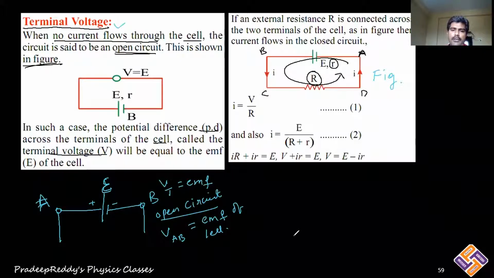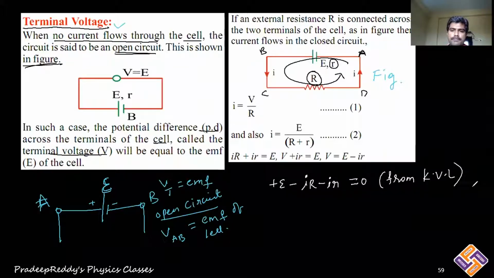Starting from A, you are going from the negative to the positive terminal of the battery, so that is plus E. Then you go in the same direction as the current along this resistor, in which there is some current I. So I write minus I capital R minus I small r is equal to 0. This is from KVL.